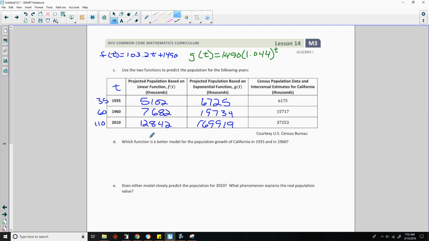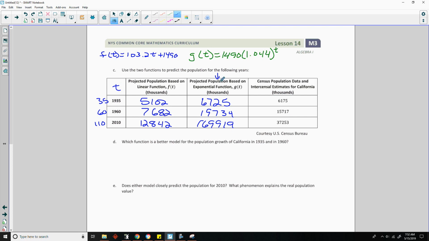D says, which function is a better model for the population growth of California in 1935 and in 1960? So, which is closer? 51 is almost 1,000 away. 67 is less than 600 away. So, exponential's better for 35. 60, this one is 7,600. This is 15,000. That's only half.